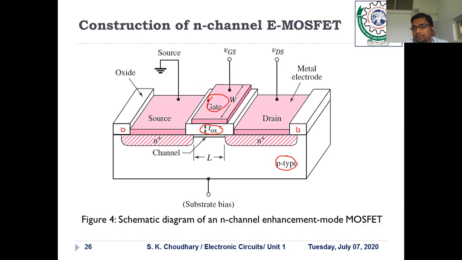We have deposited it. Now, as per the structure, your MOSFET also has two more terminals, called the source and drain. These are not present in the MOS structure, but they are present in the MOSFET transistor. So here you can see, above the P-type substrate, there is a metallic layer called the source, and similarly in the other direction, another metallic layer called the drain.